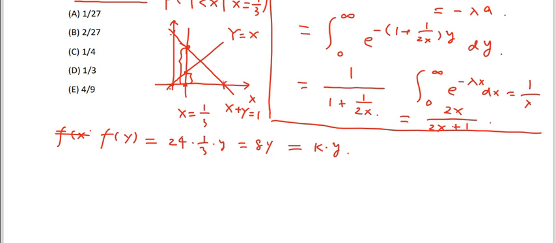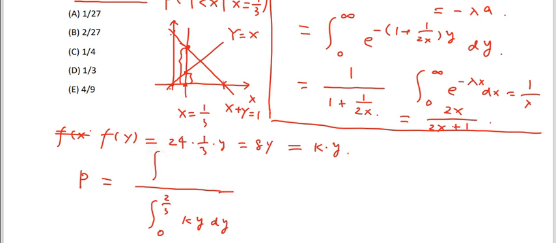So the probability we want to find: first, the total probability is y from 0 to 2 over 3, since y when x is 1 over 3 goes up to 2 over 3, of ky dy. So this is the total.